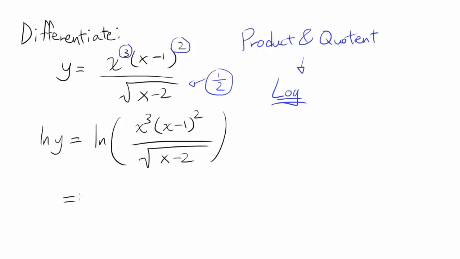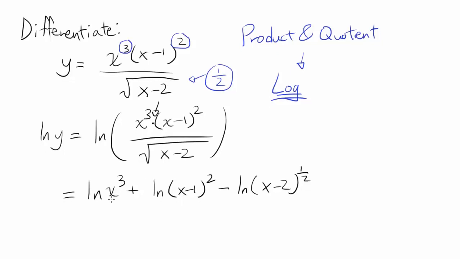So let's simplify this. We can expand this expression: that's natural log of x cubed plus, remember, when you have multiplication inside natural log, you can split it up using plus, natural log of x minus 1 squared. Now you're dividing, so you want to use minus natural log of square root of x minus 2, also known as x minus 2 to the 1/2 power.